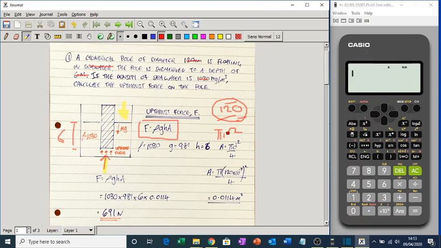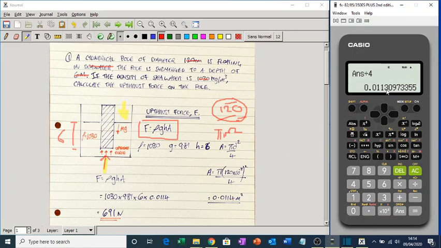So area is pi d squared over 4. Obviously diameter has got to be in meters, that's why I've done the to the -3. So we can do 120, divide that by 1000, square that, times it by shift pi, and divide that by 4. One way of doing it.